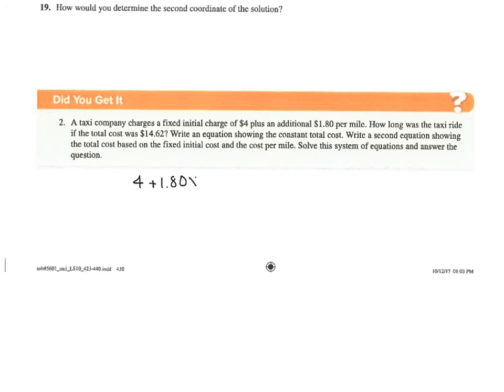Let X be the number of miles and C be the cost. How long was the taxi ride if the total cost was $14.62? Clearly, we could just substitute that $14.62 in for C and then solve. We're going to end up with the fact that the ride was 4 9/10 miles long. Just see if you can get that on your own.